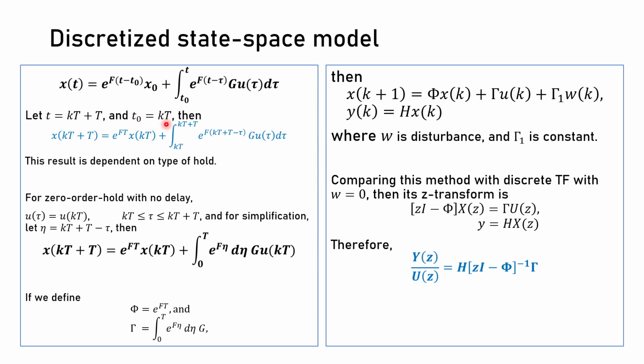Substituting into this equation, we get this form because t minus t0 is just capital T. So the integral from t0 to t is just from kT to kT plus T.